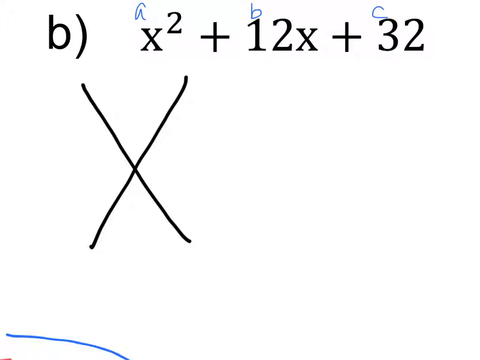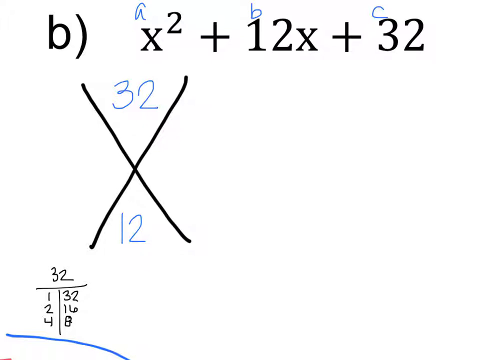That's 1 times 32, so that's just 32. What's B? 12. And now we need factors of 32 to add to get 12. Let's see, 1 and 32, 2 and 16, 4 and 8.